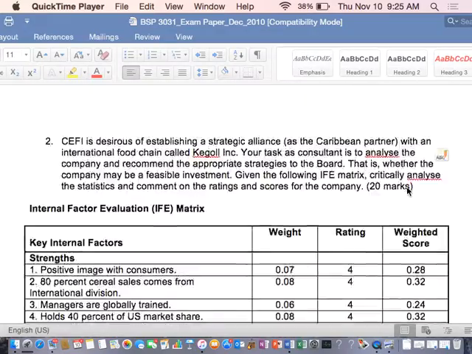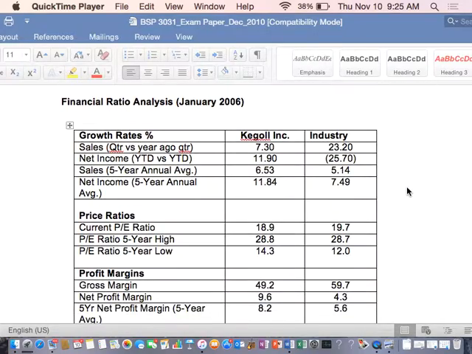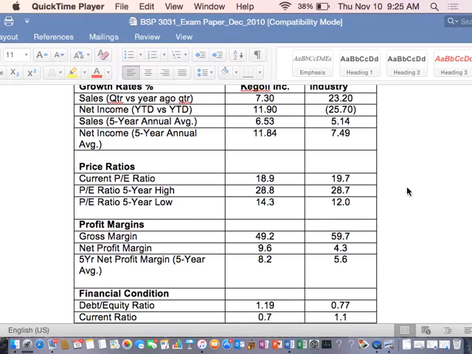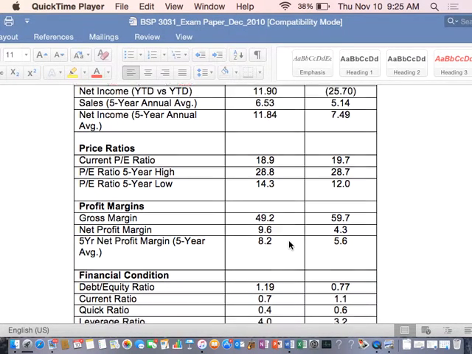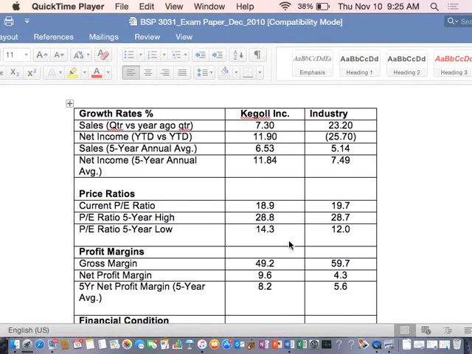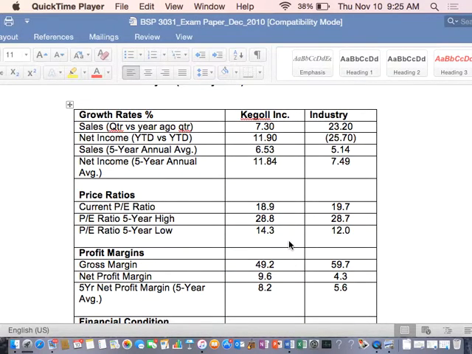And then what you could also do, you could actually flip up here. I can flick here and say, but look, when I look at Kigal now in relation to the industry, y'all see what I'm saying here, folks? Well, let me look at my gross profit. In terms of gross profit margin, the industry is better than them. But when I look at net profit over the 5-year, Kigal seems to be doing pretty well.